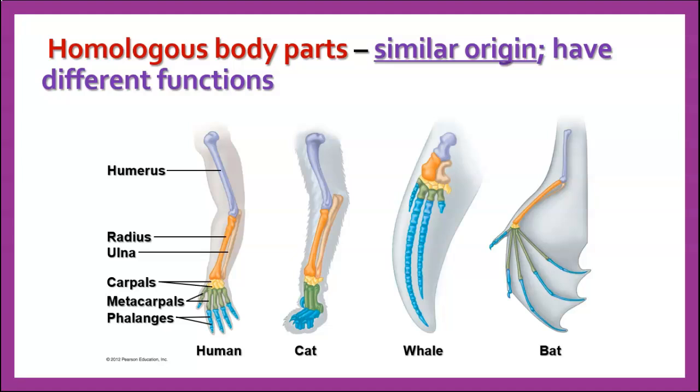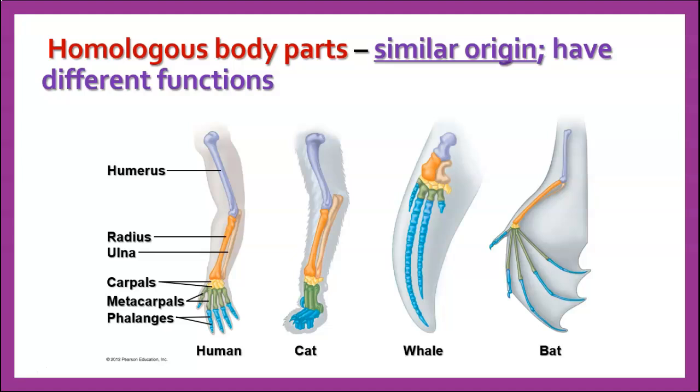And so here we have the forelimbs of four different mammals, as shown here. Notice that the organization of the bones in the forelimb are the same, but their functions are very different, and you can see that the limbs are adapted for how they're going to be used by the organism.